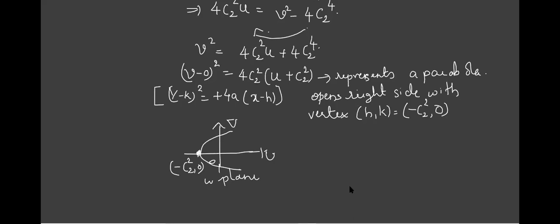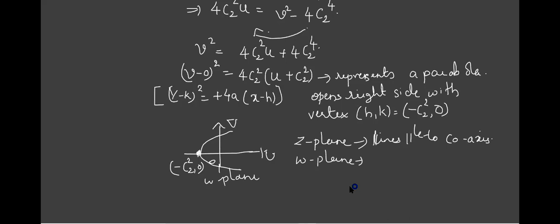So what is the conclusion now? What have you taken in the Z plane? Lines parallel to the coordinate axes. What do you get as the image in the W plane?